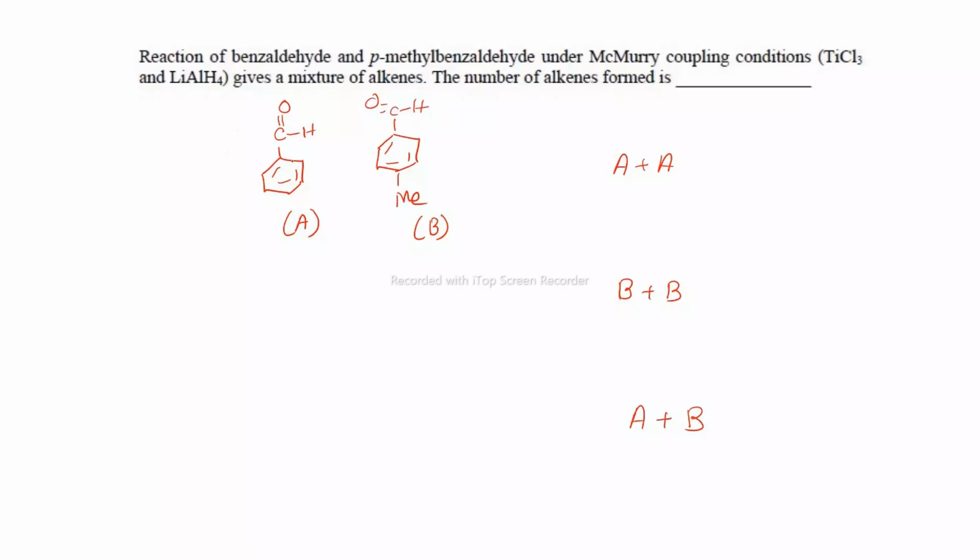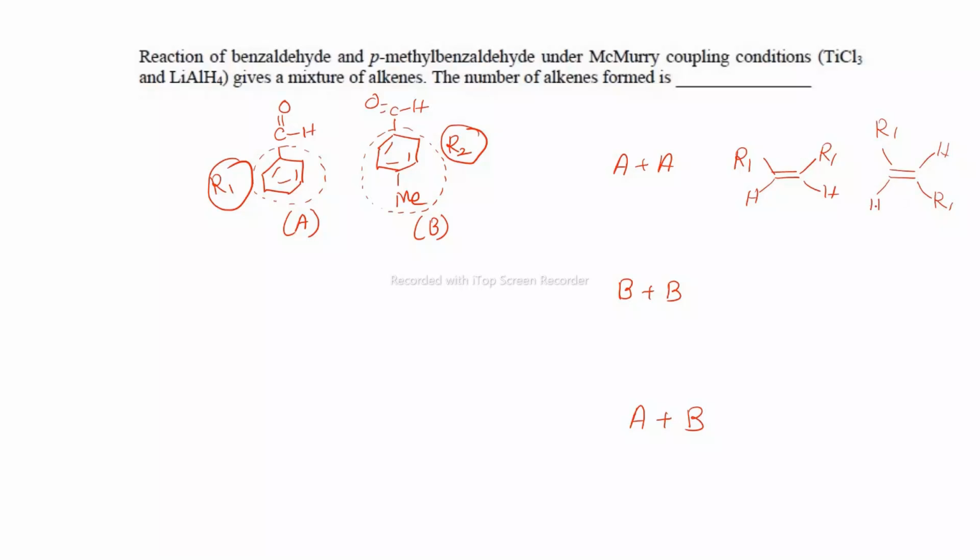Let's say this whole part is R1, and this whole part is R2. When A and A, meaning R1 CHO coupling, it can form R1 on the same side, or R1 can be on the different side.